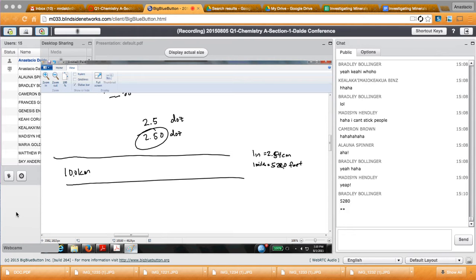Okay, so check this out. If you want to run a 10K run, I'm going to multiply this by a series of ones, and I'll show you how I do this. 10K kilometers, I can convert kilometers into meters. I just say 1 kilometer is 1,000 meters. Does everyone understand how I did that first step?